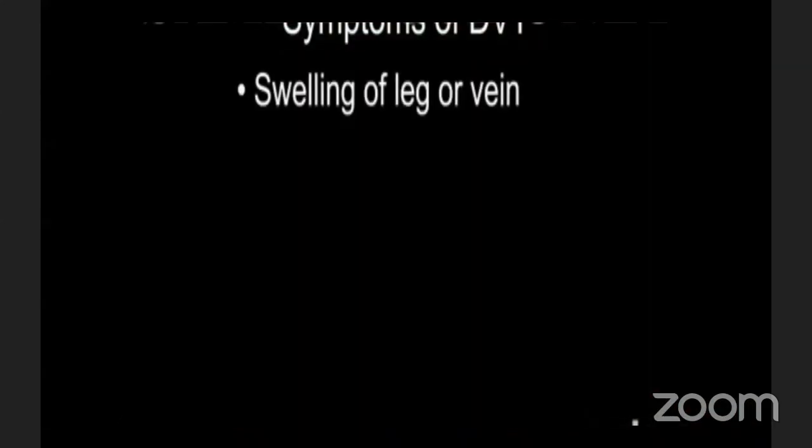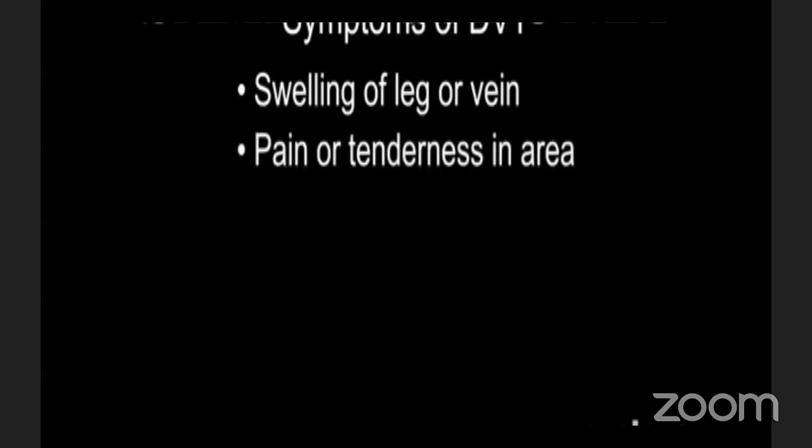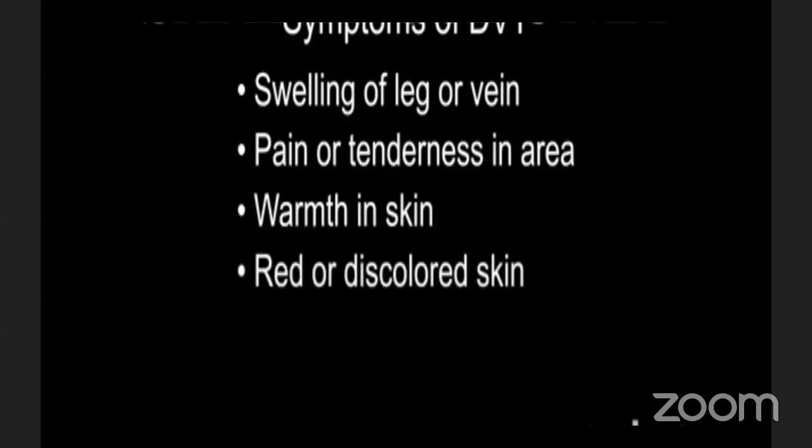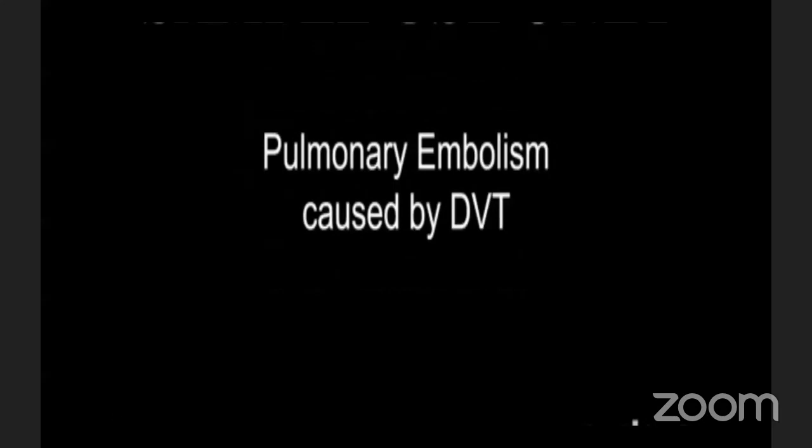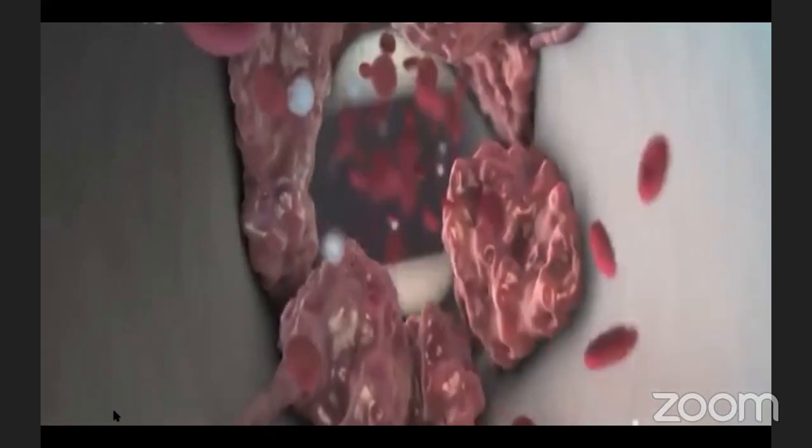Common symptoms of DVT include swelling of the leg or a vein in the leg, pain or tenderness in the area, increased warmth in the skin, and red or discolored skin. In some DVT cases, a blood clot may detach from a deep vein and join the bloodstream.